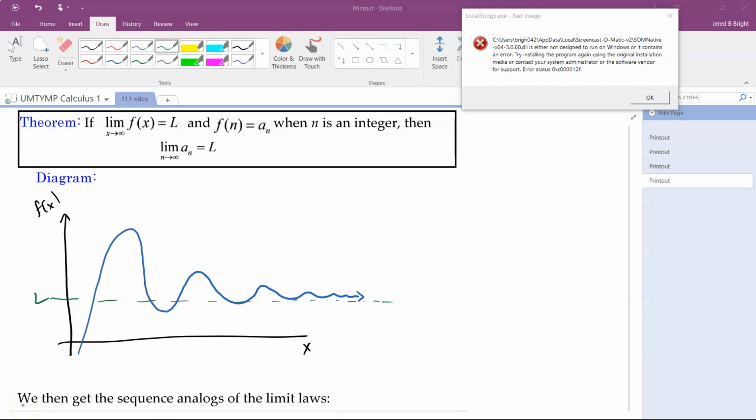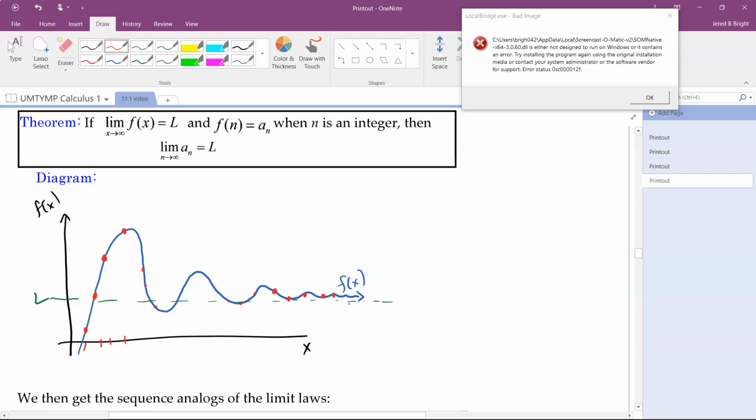What I'm doing here with this function to illustrate the above theorem is that here's the function f of x in blue, and all I'm going to do is pick off the integer values. So this would be like 1, this would be 2, 3, 4, and so on and so forth. I'm looking at just the integer values as we go off to infinity, and they end up approaching the same value.